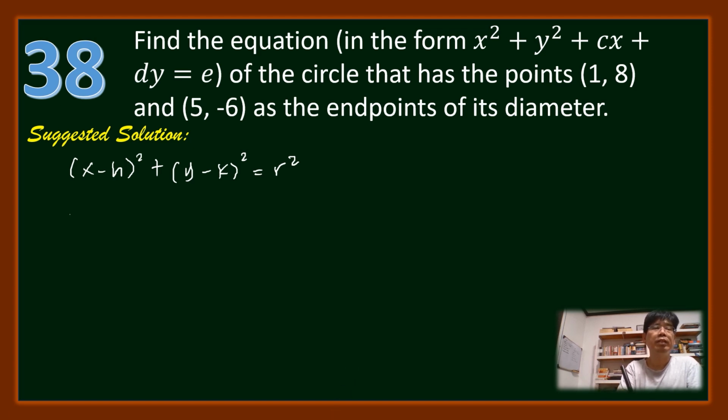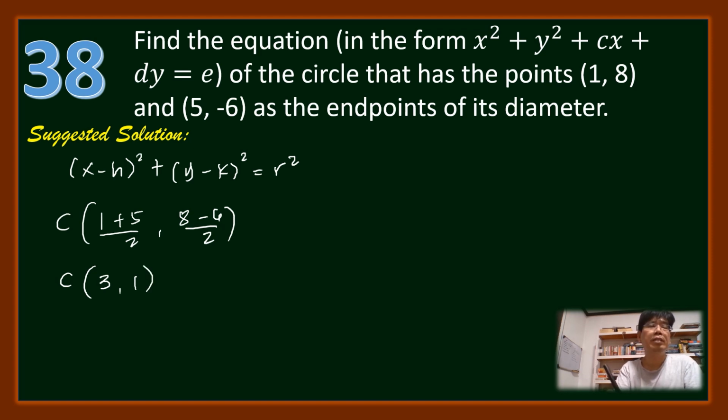So the center will be at the midpoint of the segment joining 1, 8 and 5, negative 6. So we have 1 plus 5 over 2 and 8 plus negative 6 over 2. Therefore, the center is at the point 3, 1.